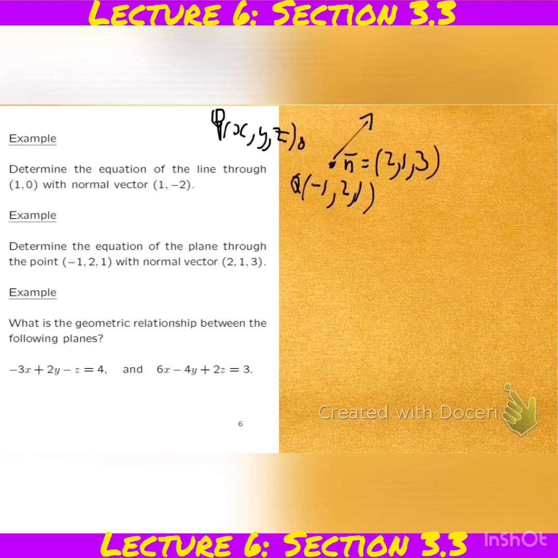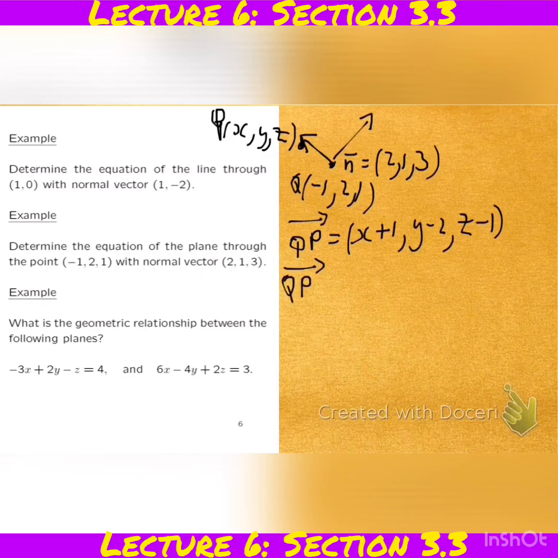So what we want is all the points x, y, z, such that if I work this vector out, the vector QP, which we know is x plus 1, y minus 2, z minus 1, such that these QP vectors are determined by the points x, y, and z.